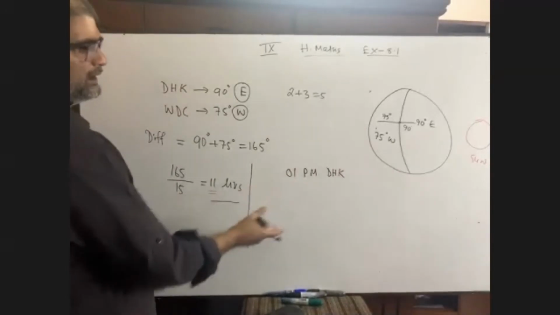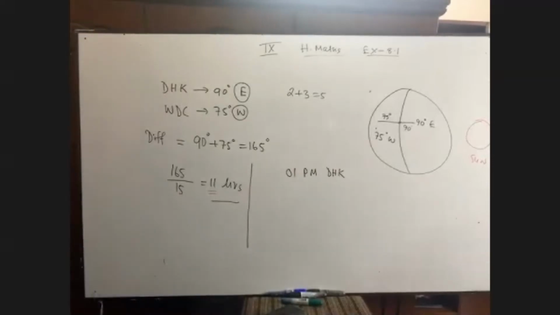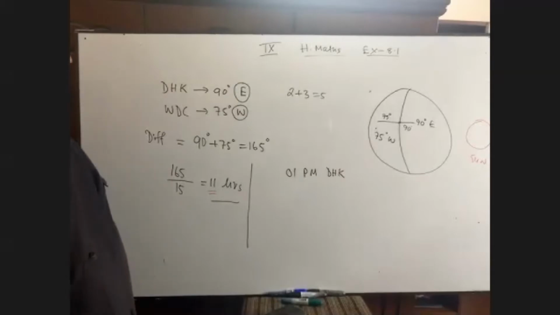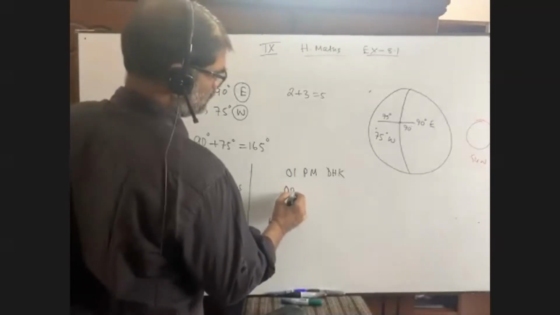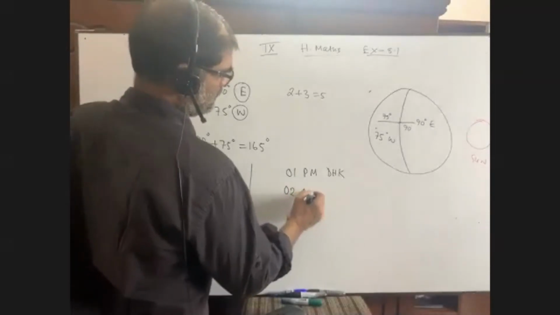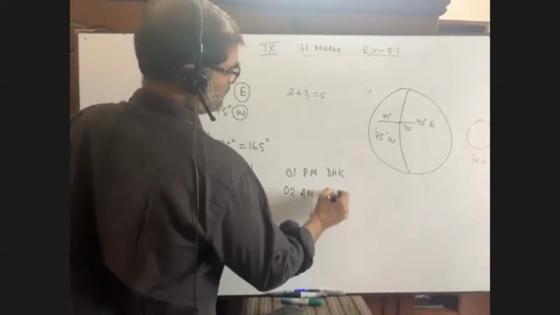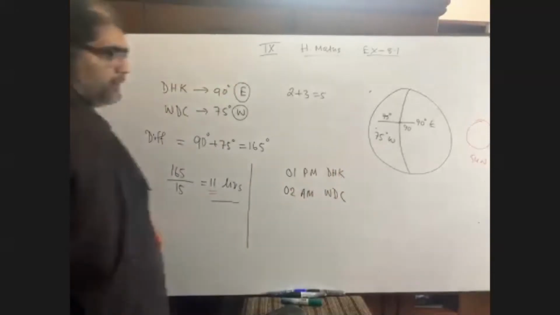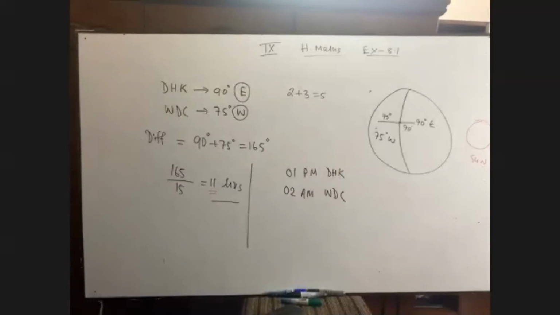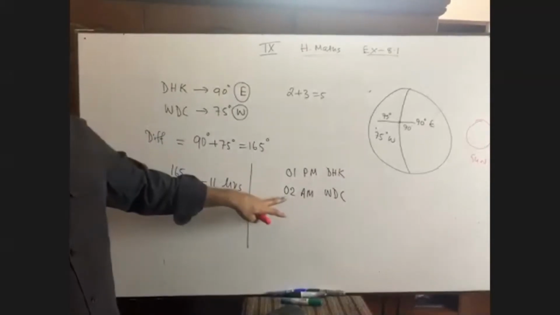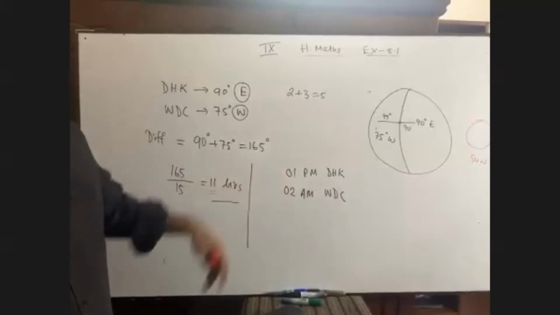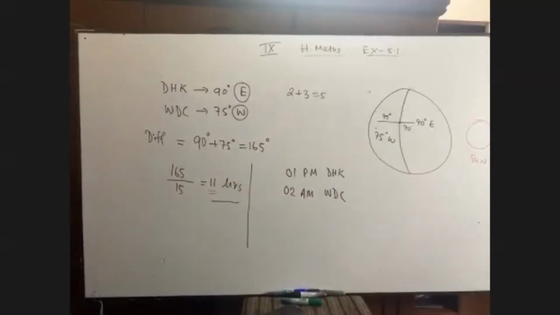You subtract 11 hours from 1 p.m. Can you subtract? 10 a.m.? Is it? It is 2 a.m. in Washington DC. Talk to me. If we add 11 hours to 2 a.m., we'll get 1 p.m. Am I right?